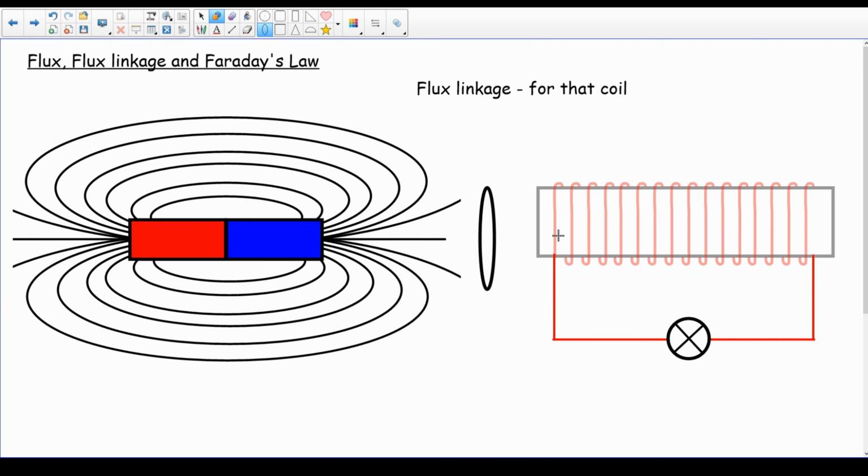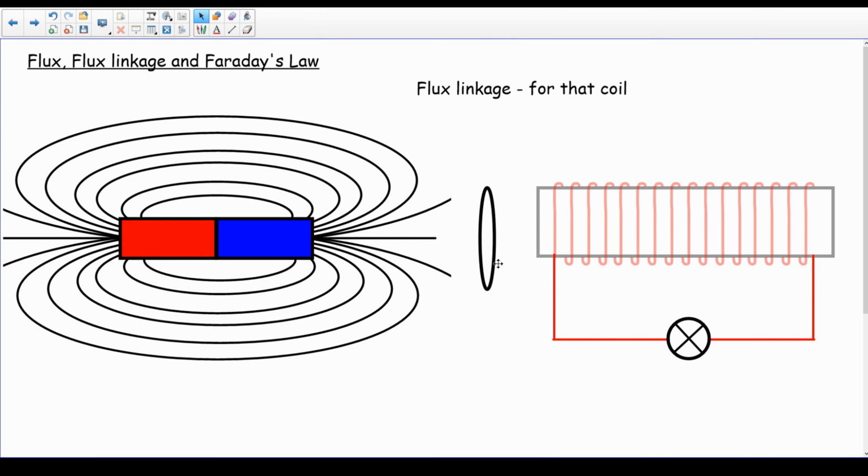So that's a coil of wire, imagining we could see through it, that as we bring it towards our little magnet, more and more lines of flux are being caught. Think of it kind of like a magnetic catching net, like catching butterflies. Okay, and then it catches less and less out here, and it catches more and more in here. This is what flux linkage is.